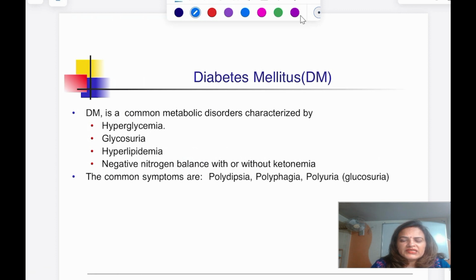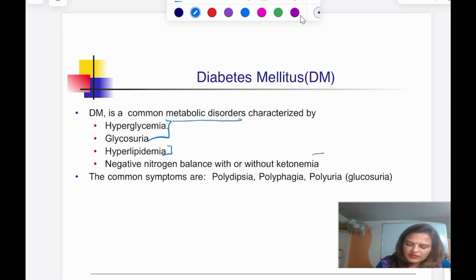So diabetes mellitus, what is that? It is a metabolic disorder. All three will be affected. So carbohydrate metabolism, lipid and protein. There will be hyperglycemia, glycosuria, hyperlipidemia and negative nitrogen balance, and the patient will come with the symptoms of polydipsia, polyphagia and polyuria.